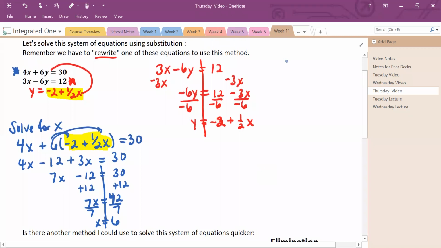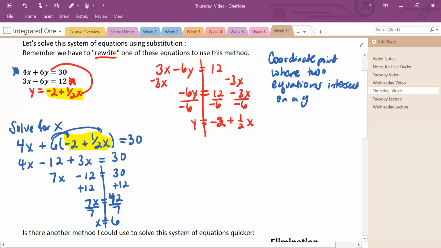So what I have right here when I say x is equal to 6 is the x value of that coordinate point where these two equations intersect on a graph. That's what I'm finding right here, where they're going to meet on the graph.